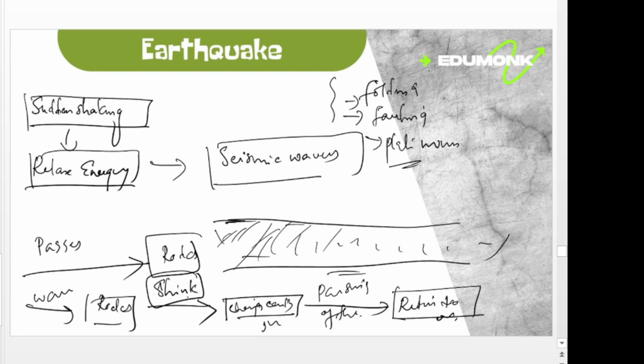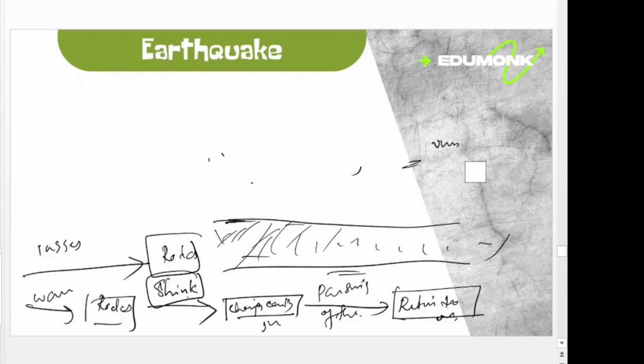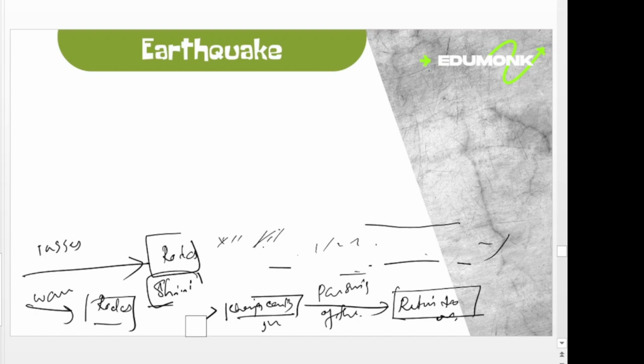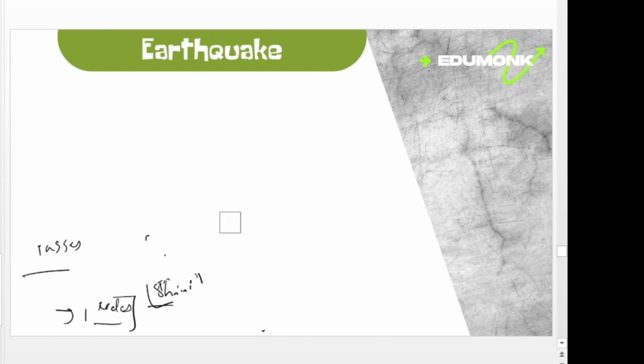Then what are these seismic waves? Seismic waves can be classified mainly into two.